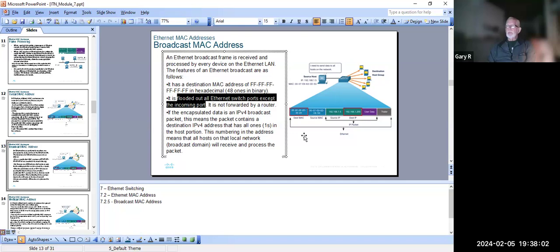But basically, when you send a broadcast frame to a switch, it's going to normally send it out all of the other ports to all the other devices connected to that switch. And there's a caveat or an exception: in the same VLAN. We haven't talked about VLANs yet, though, so that wouldn't necessarily make sense.